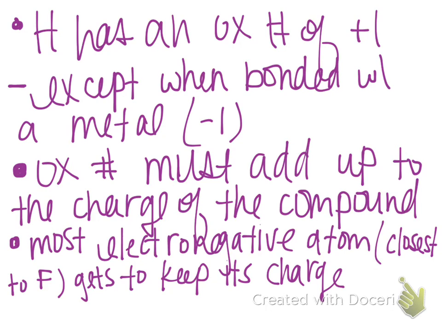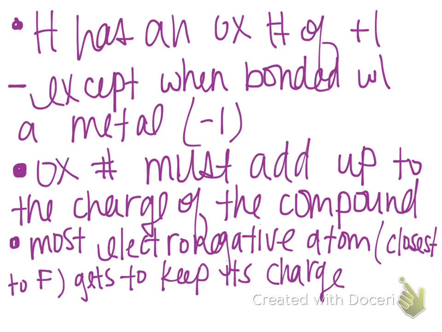That's if hydrogen, oxygen, and fluorine are not in our compound. If hydrogen, oxygen, or fluorine are in our compound, it gives us an easy starting point. But if none of those three are in our compound, then we look to the most electronegative atom, which is the closest one to fluorine. That one gets to keep its charge, and then we'll build from there. It will make more sense when we start looking at examples, I hope. But we'll try some.